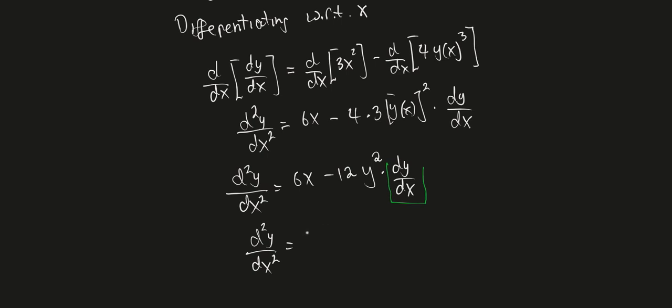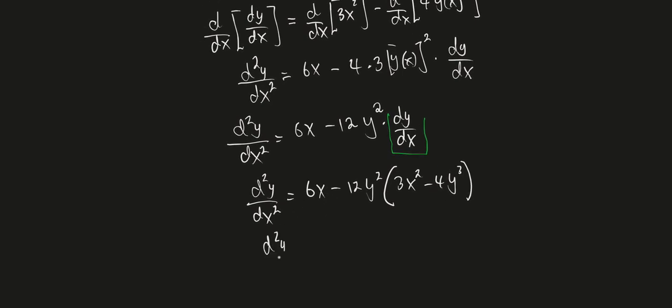And then we have 6x minus 12y squared, and then put the quantity 3x squared minus 4y cubed. And then let's distribute what we can and simplify it, right?